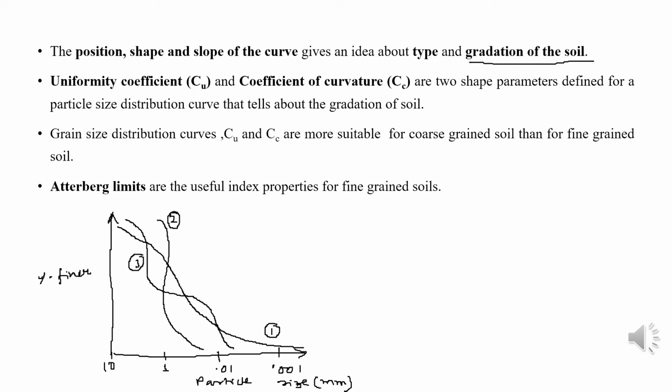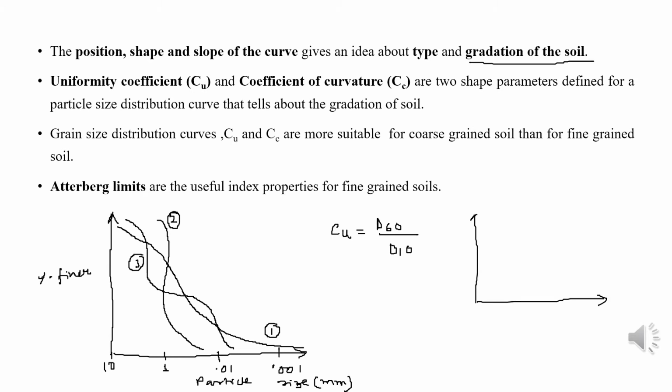These two are basically shape parameters which are defined for a particle size distribution curve and will tell about the gradation of soil. So Cu is equal to D60 by D10. So what do we mean by D60 and D10?